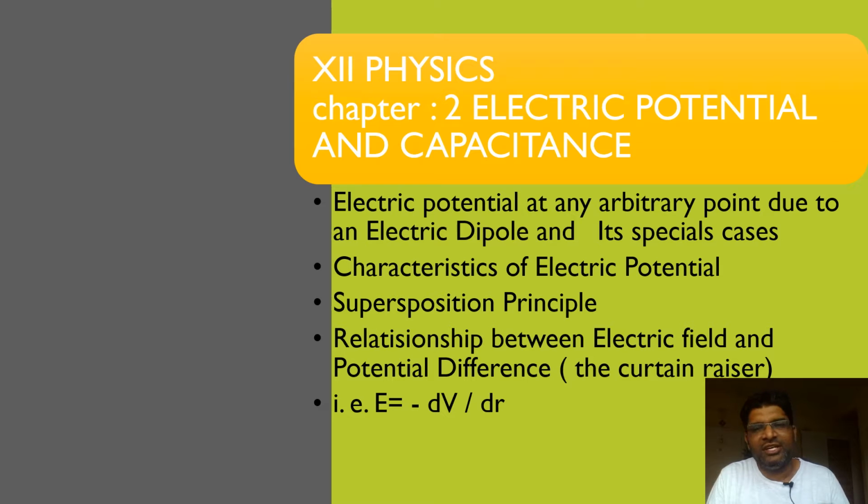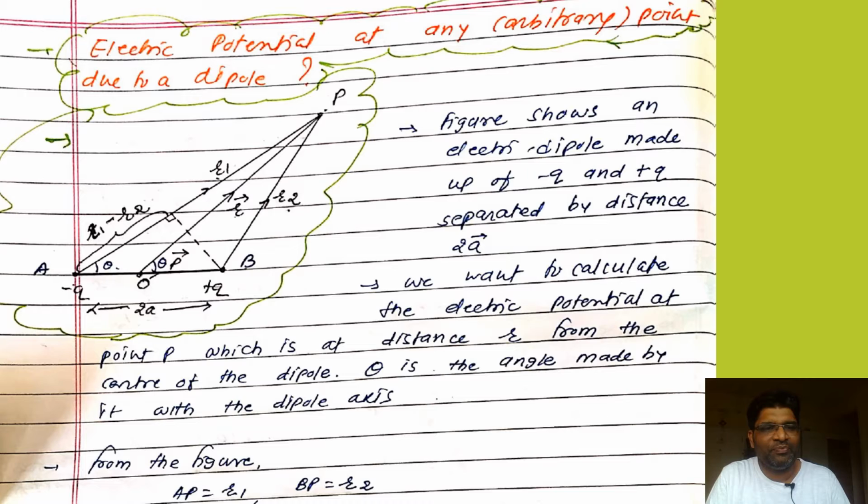Electric potential at any arbitrary point due to an electric dipole. So here AB is an electric dipole. Here is the negative charge, here is the positive charge. P is the point at distance r from the center of the dipole where we want to find our potential.